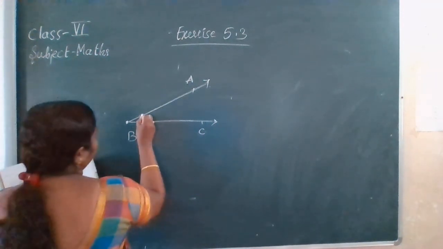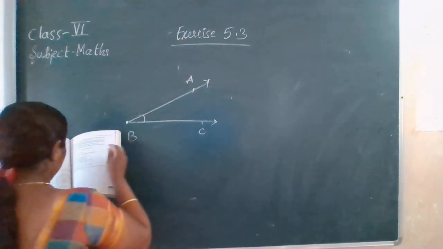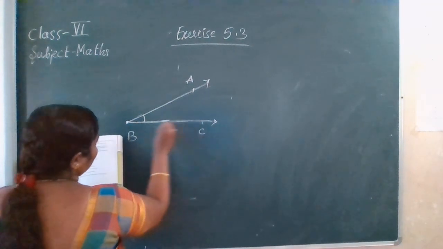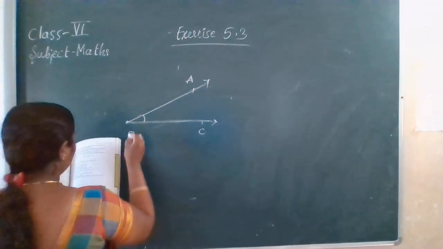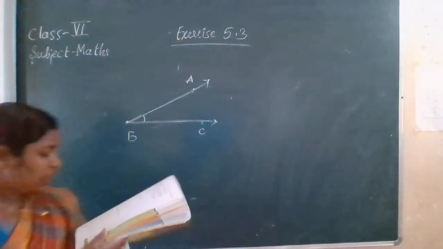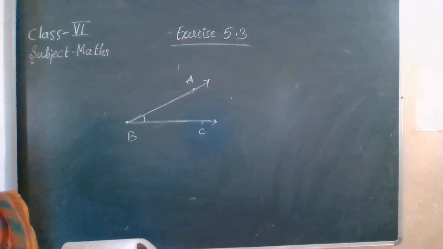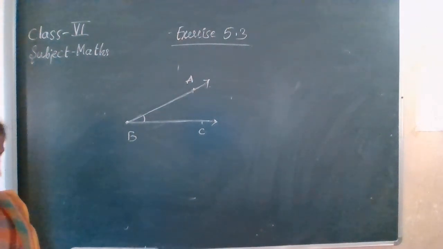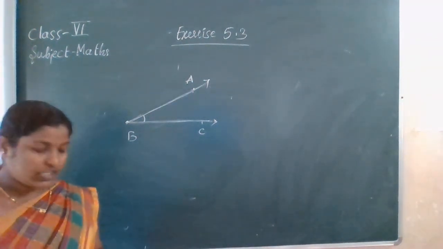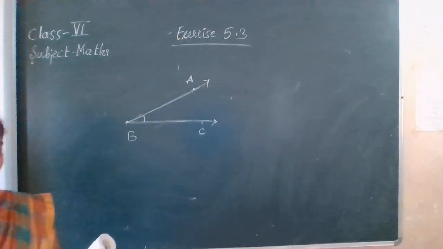This angle you want to measure, the protractor's middle point M should be kept here, and this line should overlap the protractor's line, and where this line falls on the protractor, that much is the degree. Here they have shown it is 40 degrees. So on the first row, 0 to 180, right to left, you should measure this. So it shows 40 degrees.